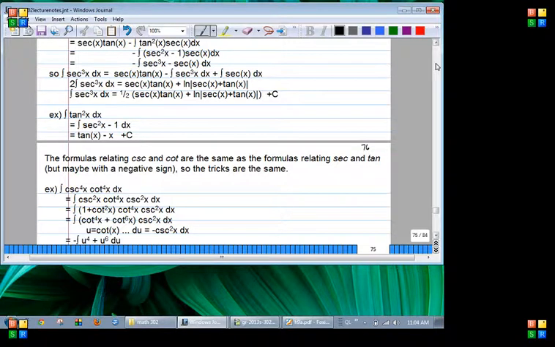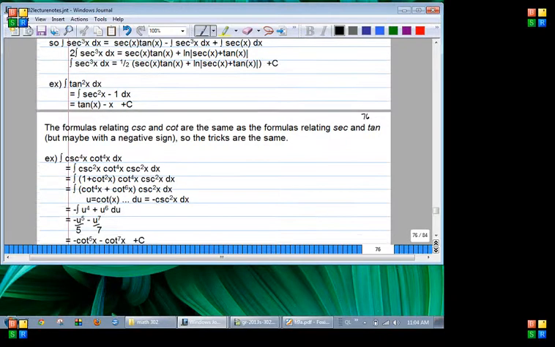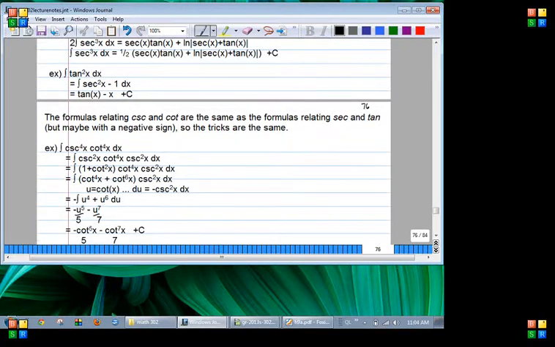And you get the integral of u to the fourth plus u to the sixth du. Easy integral. I'm also going to distribute the negative, so you get negative u to the fifth over 5 minus u to the 7th over 7, which is just negative cotangent to the 5th x over 5 minus cotangent to the 7th x over 7 plus C.